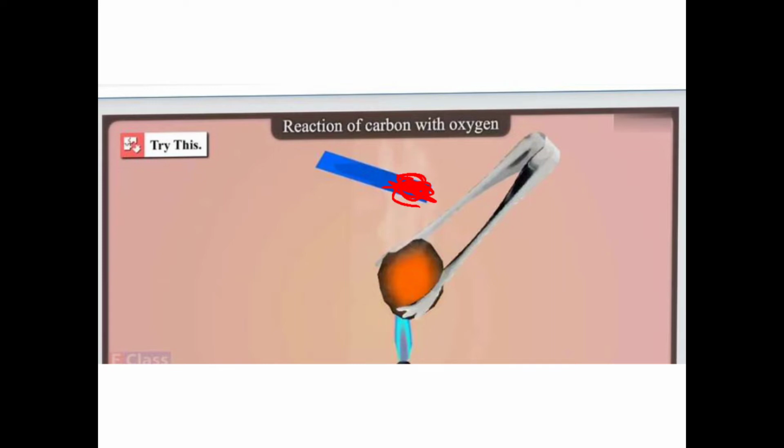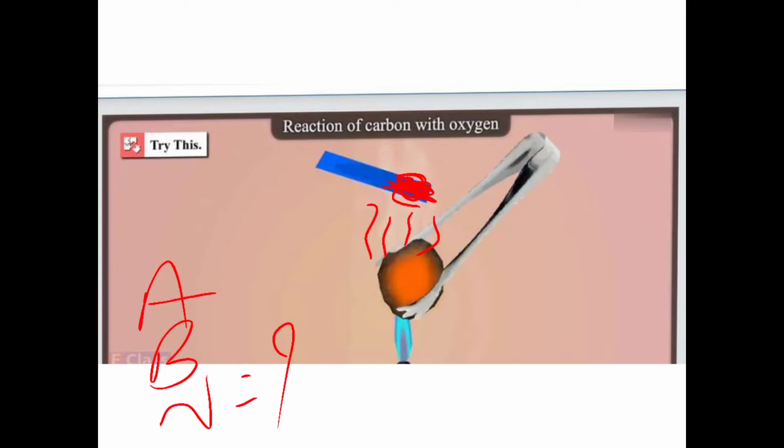Now if the blue litmus paper becomes red in color, what must be the gas? Is it acidic, basic or neutral? The gas which is coming out from the coal turns the blue litmus paper red.